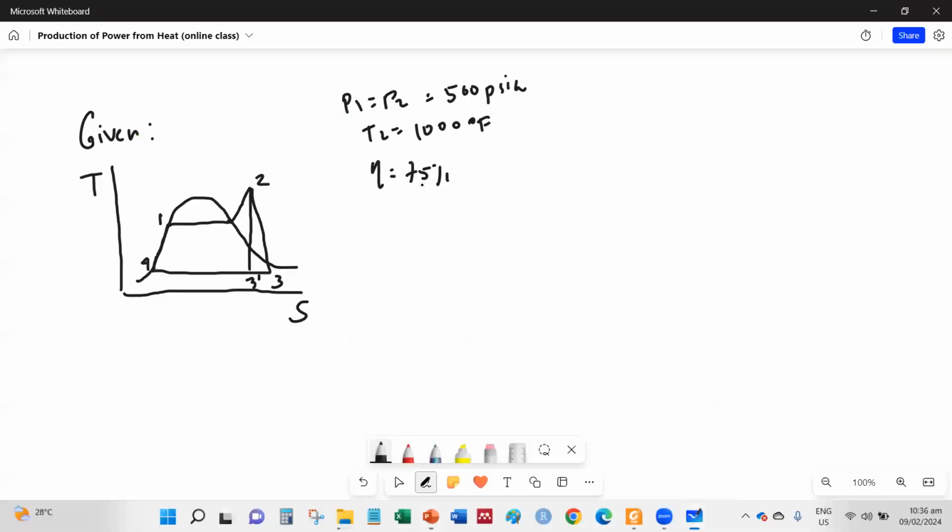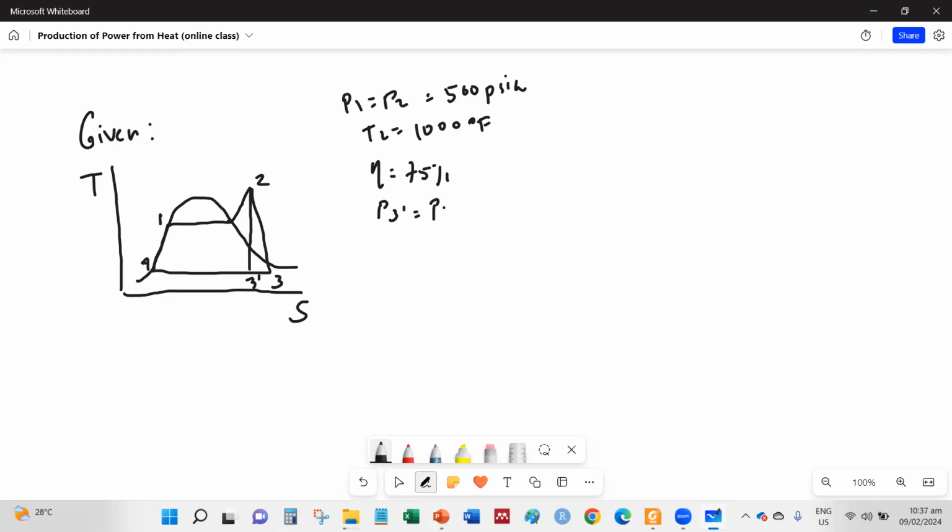Expanding to 5 psia, so we know that P3 and P3 prime is 5 psia. What else? Negligible pump work, so the work required by the pump is 0.